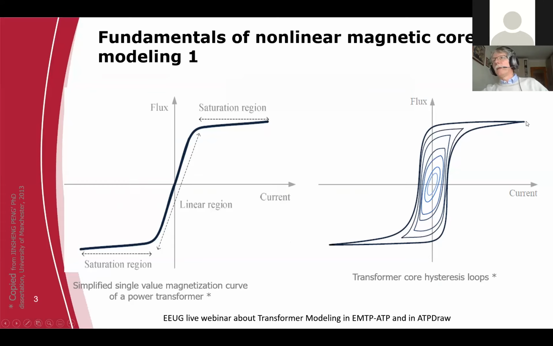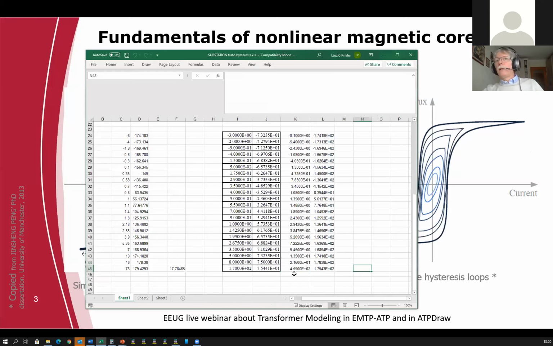The steepness of this straight line is defined by the last and the first before the last point on the flux scale and on the current scale. So you can simply calculate it using this Excel, using the d phi divided by di ratio, and you get the air core inductance. So in the case of BC-TRAN modeling, it is there in the hysteretic characteristic.